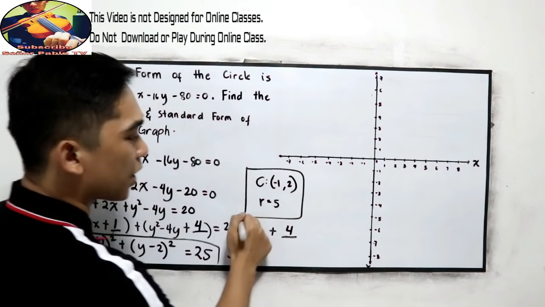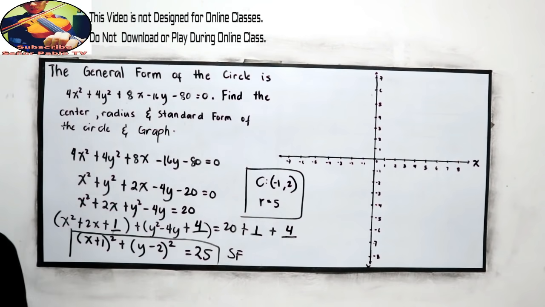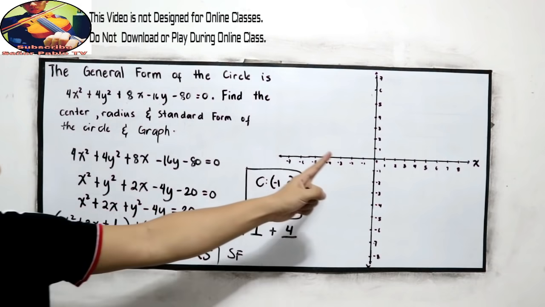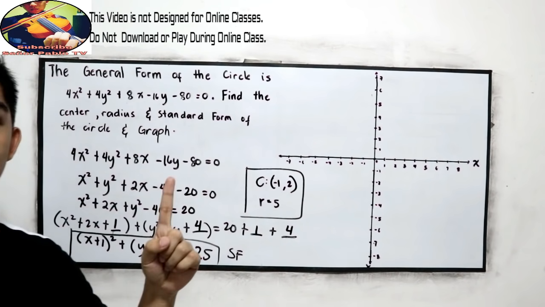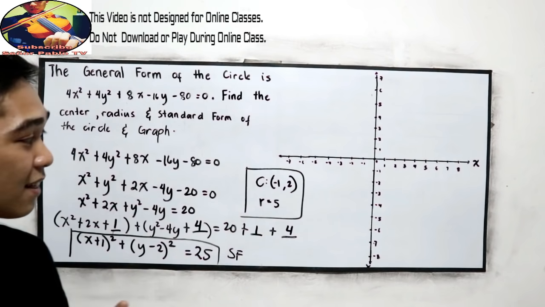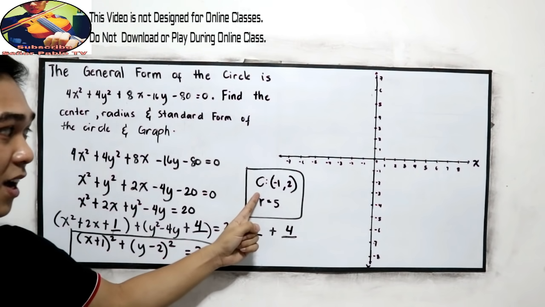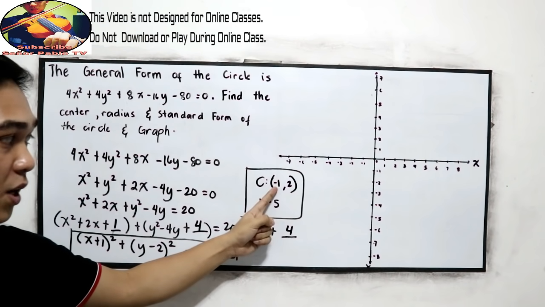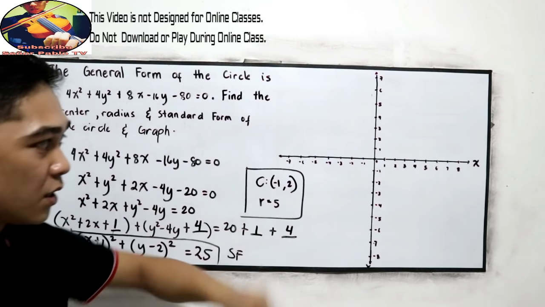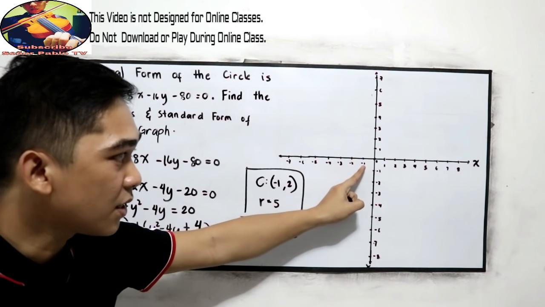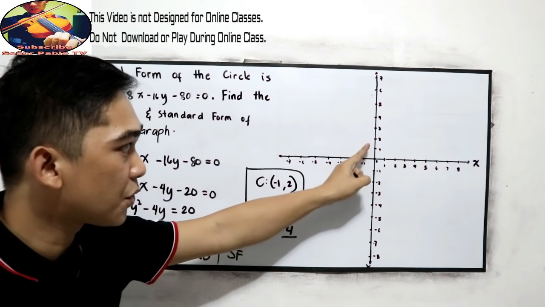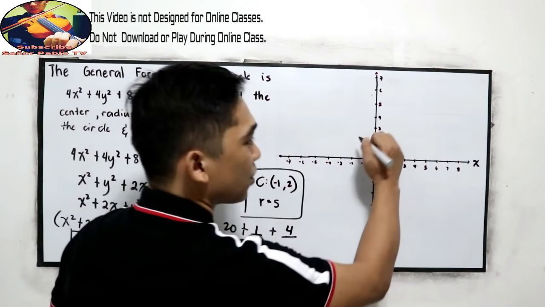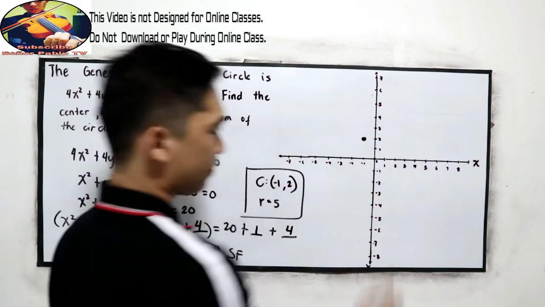This will be our radius. Now let us graph in our Cartesian plane. To graph, first plot our center. Our center is negative 1, positive 2. Where is negative 1? Negative 1 for x and positive 2 for y. So this is our center.